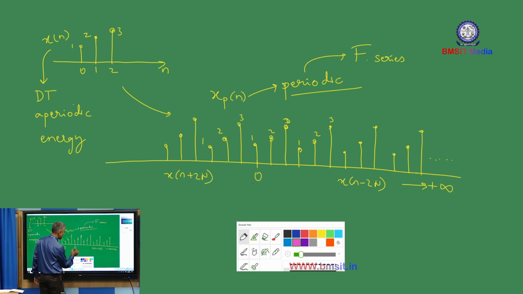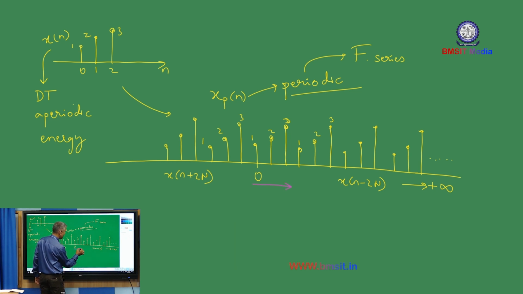Only this range is x of n. The rest all are repetition. So if I am given the x_p of n and I want only x of n, then all you need to do is remove this portion and remove the other portion, retain only the x of n, that is over the range 0 to N minus 1.